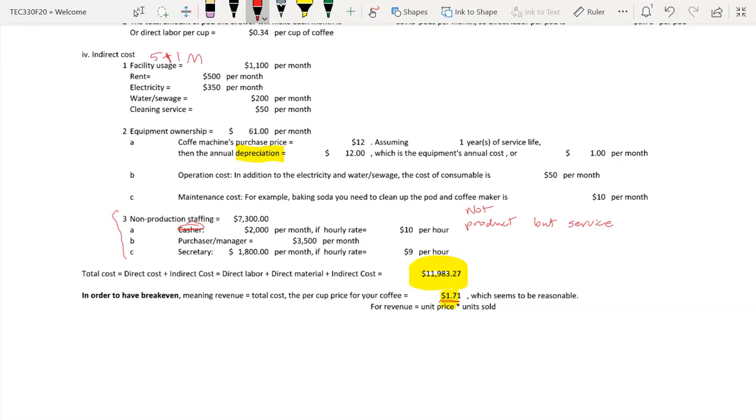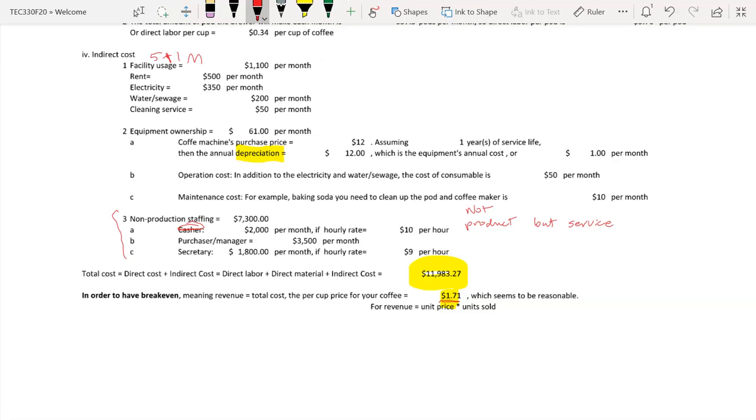Okay, and as you can see over here, we have a lot of extra costs. Our coffee machine is super cheap, but what if we can have two coffee machines working together, and then we increase the amount of cups produced? And can we cut down the amount of staff?